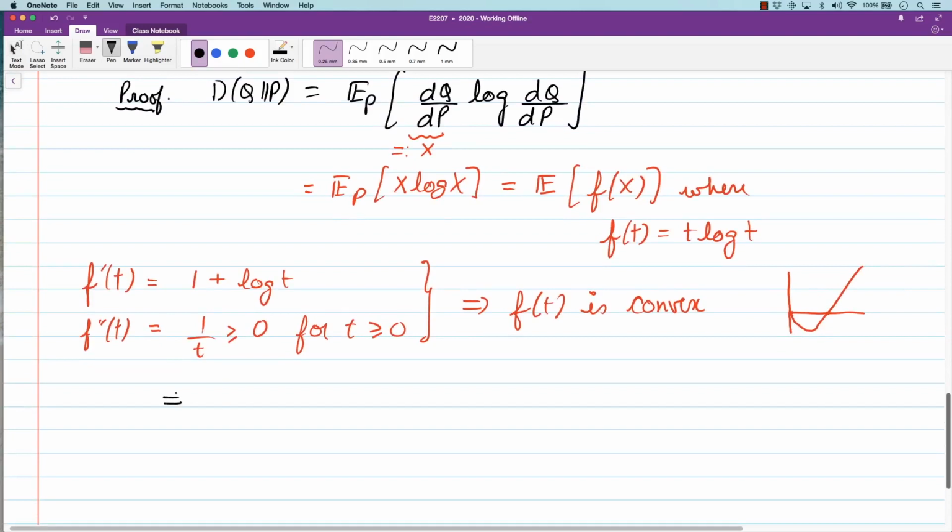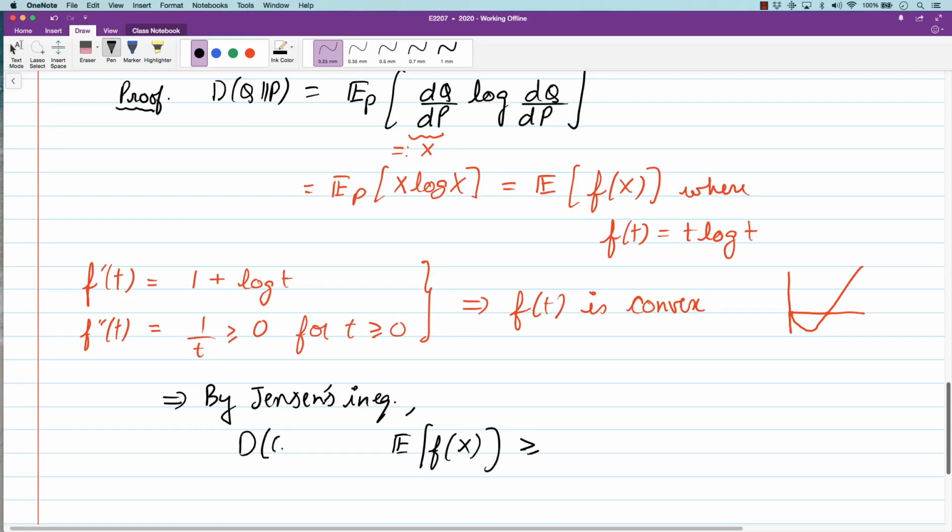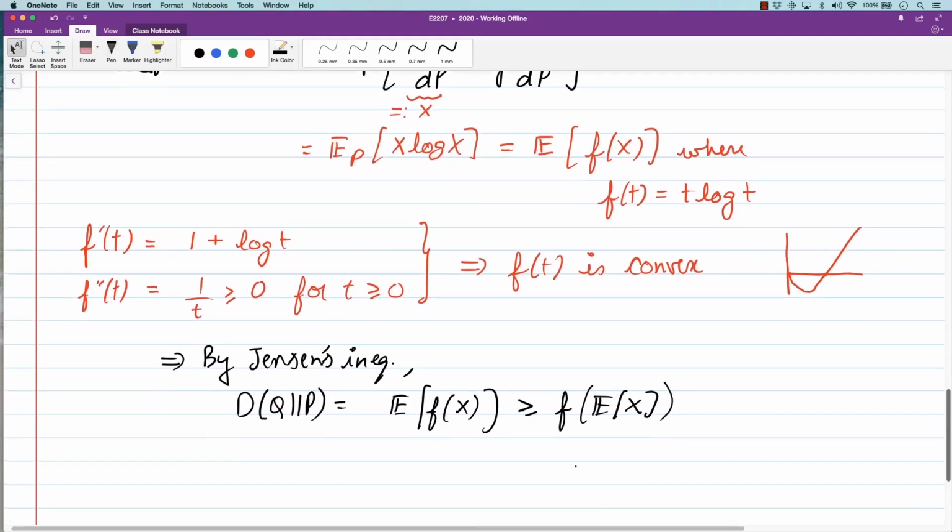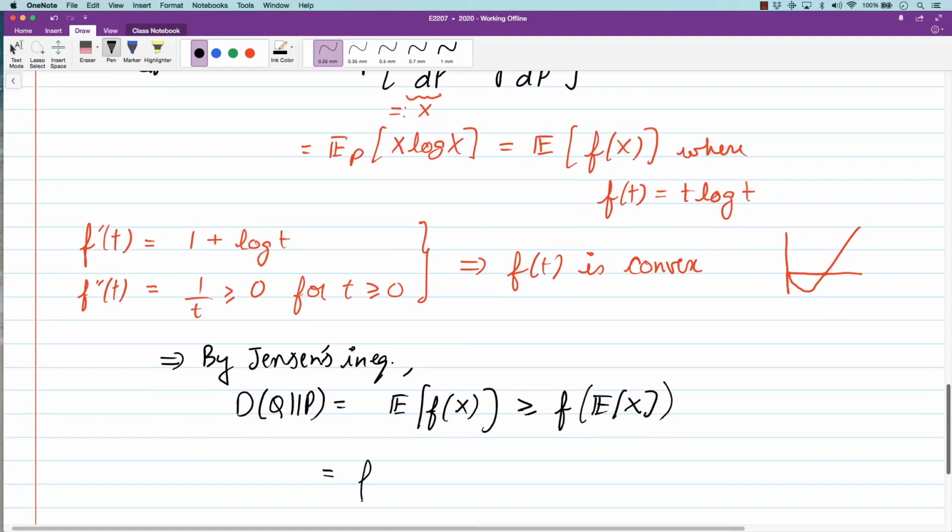So this implies, by Jensen's inequality, the expected value of f(X), which is what our D(Q||P) was, exceeds f of the expected value of X. So what is this f of expected value of X for our choice of X? It is f of the expected value under P of dQ by dP.